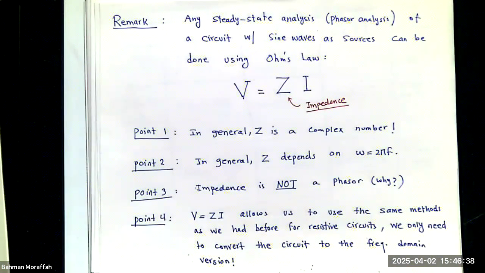If you guys recall, when we had a resistive circuit, we said we can always find the total resistance by looking at the voltage across it divided by the current through it. Same thing can happen over here as well, because we have something similar to Ohm's law.